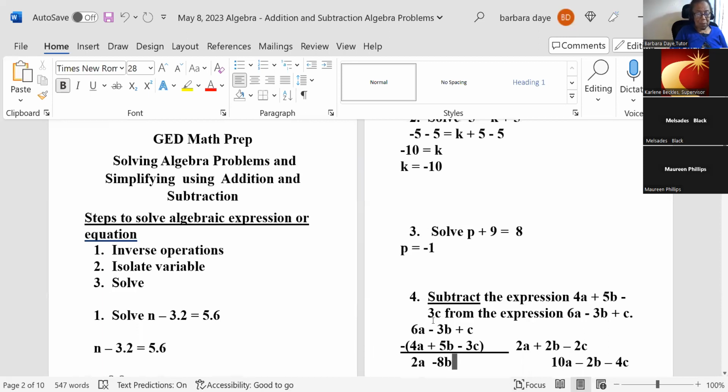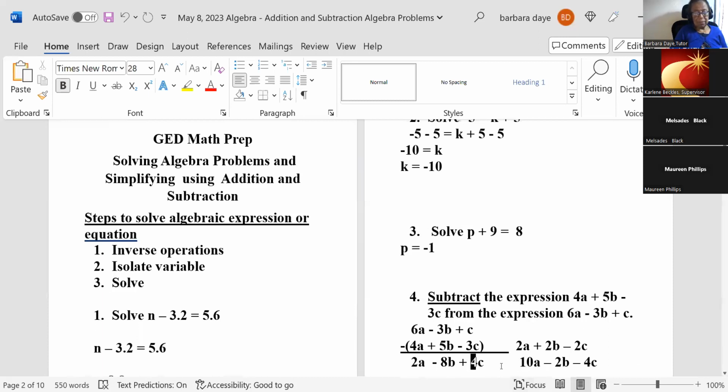Okay, so that gives you a minus 8B. That's why I put the sign out here, right? And minus minus gives you a plus 3C. So this gives you a plus 4C. Mercedes, you had a minus 4C, but it's a plus because a minus minus makes a plus, and so that would be plus 4C.